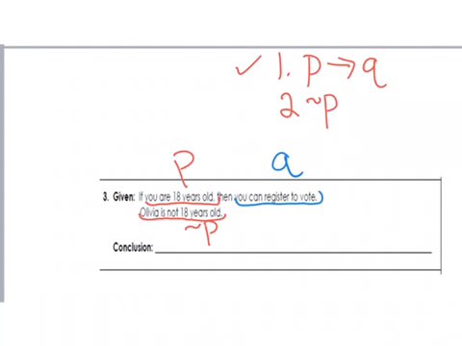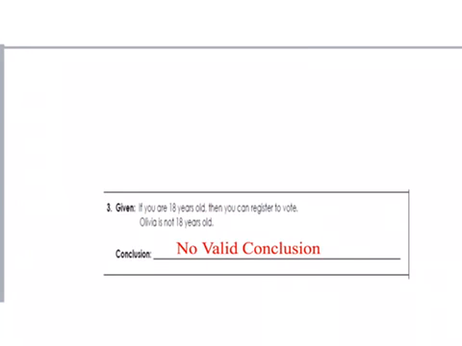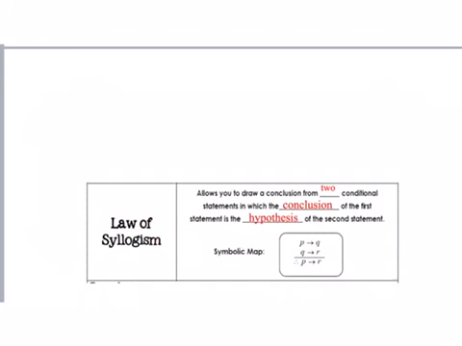No, I have a negation of P. So does this follow the law of detachment? No, it does not. So there is no valid conclusion. This does not follow the law of detachment. Again, no valid conclusion.